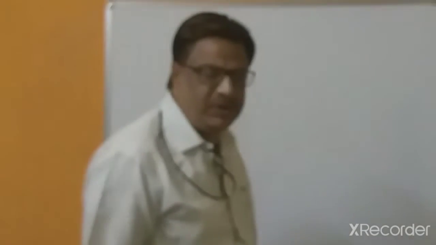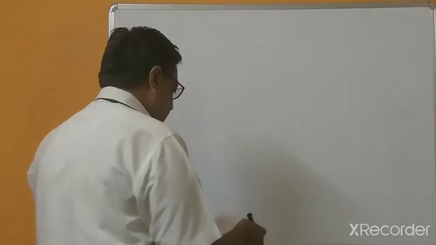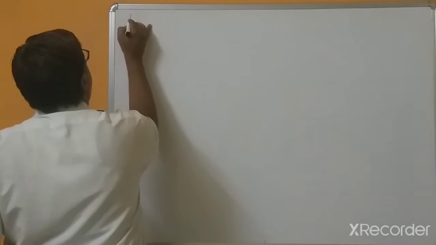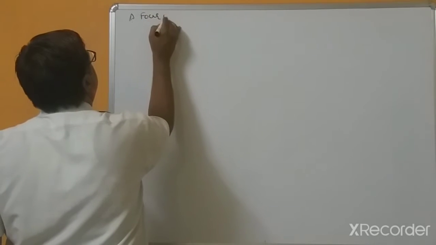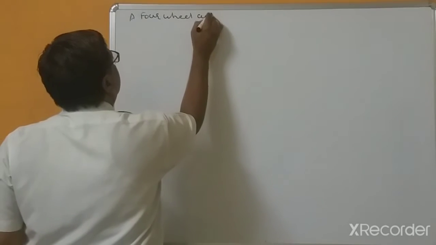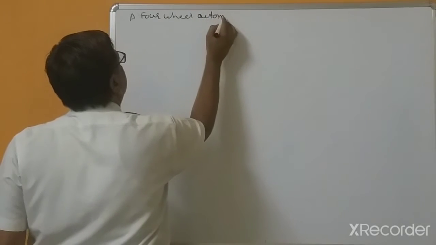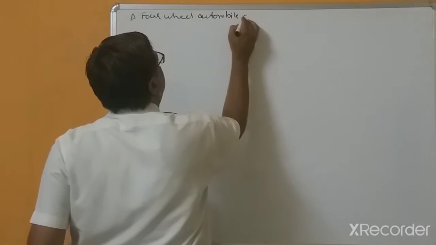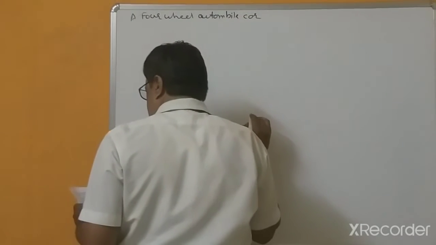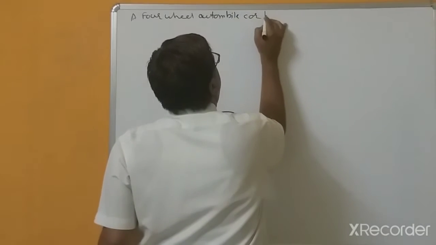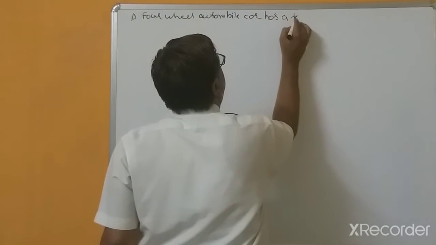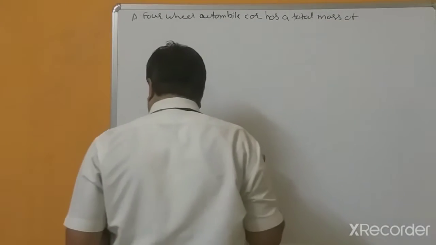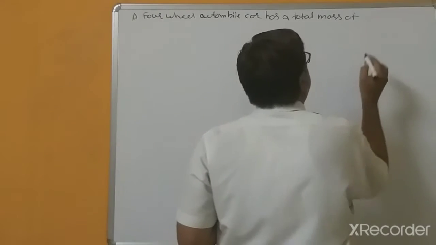Please note down the problem. A four-wheel automobile car has a total mass of 1000 kg.